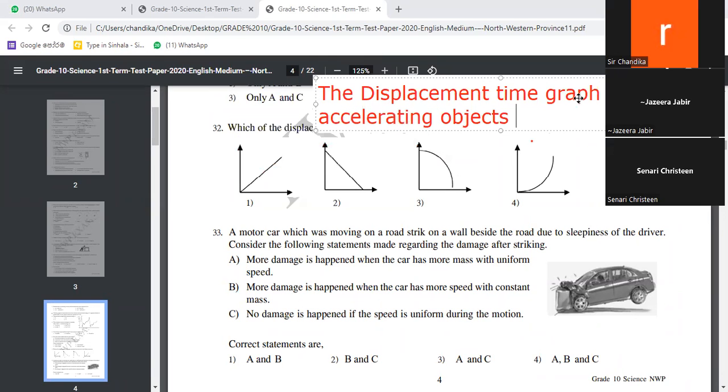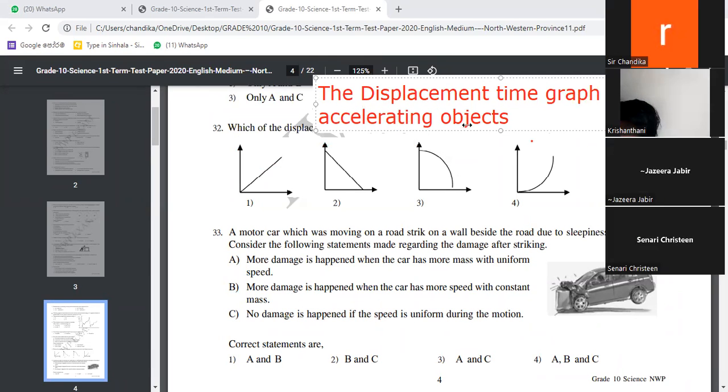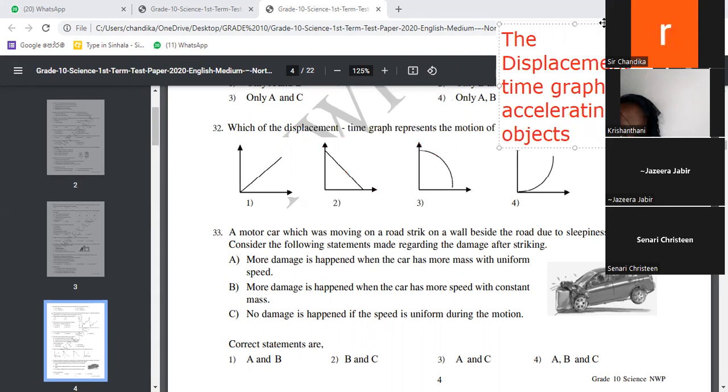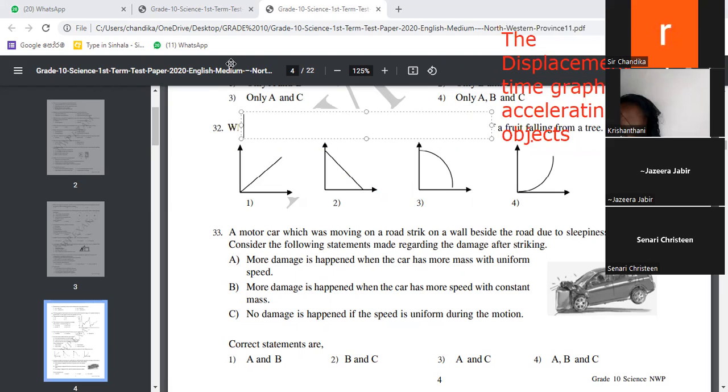Should be like this, you know. You draw up now. The displacement time graph for accelerating objects, for an accelerating object, it should be like this. I think you must remember only the shape, okay? The displacement time graph for accelerating object. And after that, the displacement time graph, right?